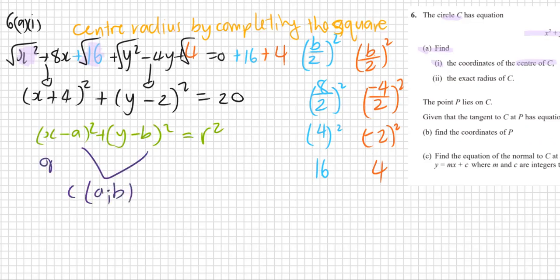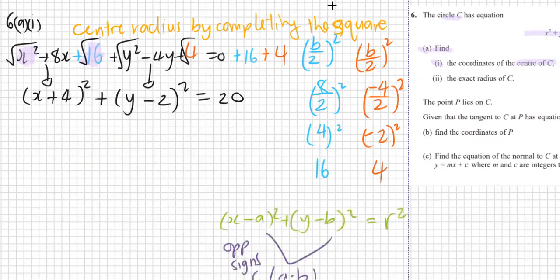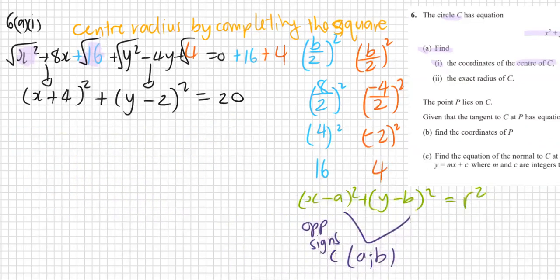So almost by inspection, we already have our answer. Opposite signs, so (-4, 2) is the center of the circle. I think that was all that was asked for in this question, part A.